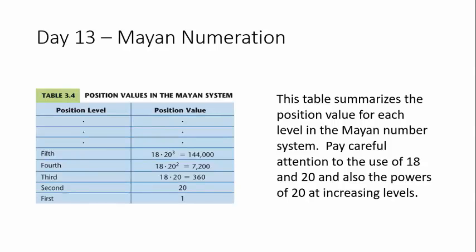The third level, the multiplier is 360. The fourth level, the multiplier is 7,200. And in the fifth level, the multiplier is 144,000. So it's easy to keep up with if you think of the 18 and 20s. We're increasing by a power of 20 each time as we go up to higher levels.